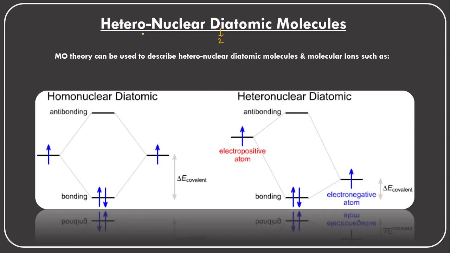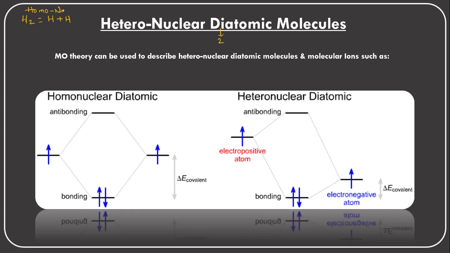Homonuclear diatomic molecules we discussed already, such as H2, for example. The H2 molecule is formed by the combination of two hydrogen atoms, and similar nuclei are present in both. These two hydrogen atoms belong to one element only, so such molecules are called homonuclear diatomic molecules.